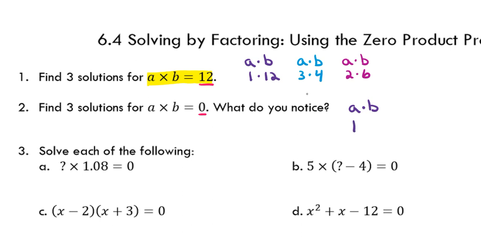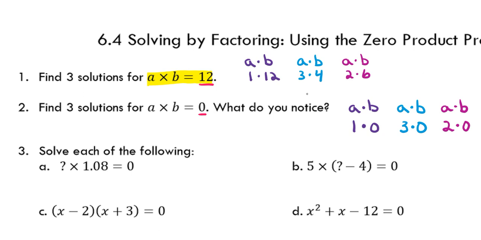If a was 1 and we wanted the product to equal 0, then b would have to be 0. If a is 3, then b, by definition, would also have to be 0 in order for the product to equal 0. And if a was 2, then b would have to be 0. So no matter what we make a, b would have to be 0 for the product to equal 0.